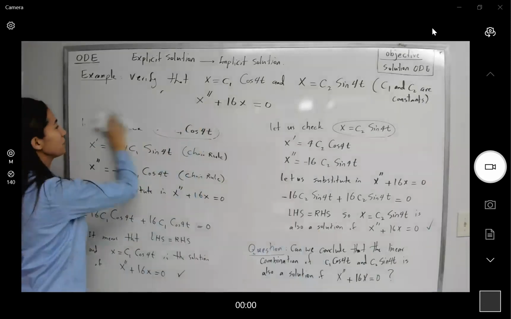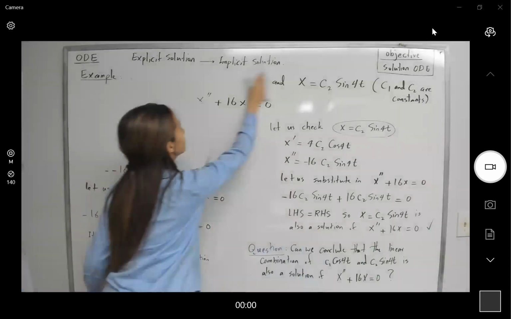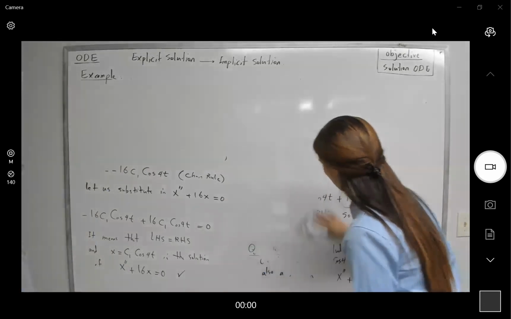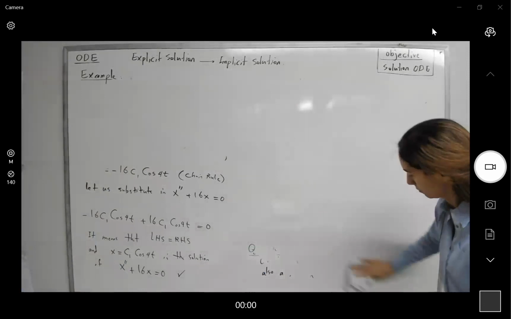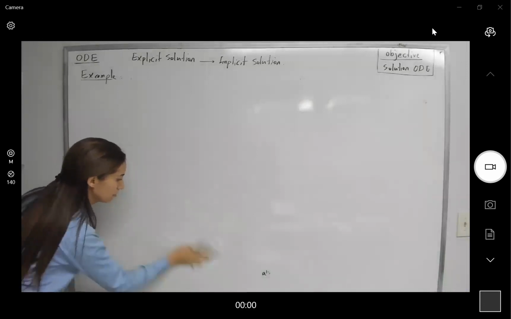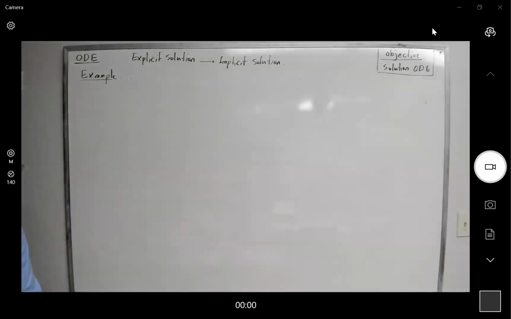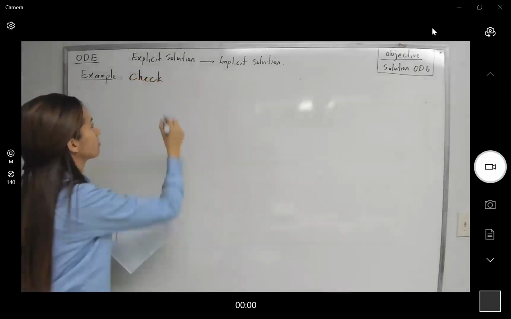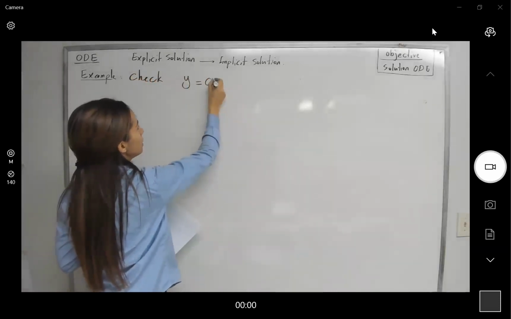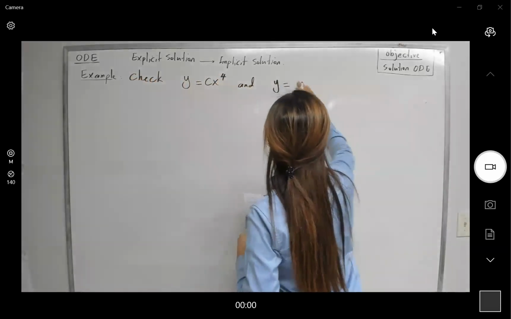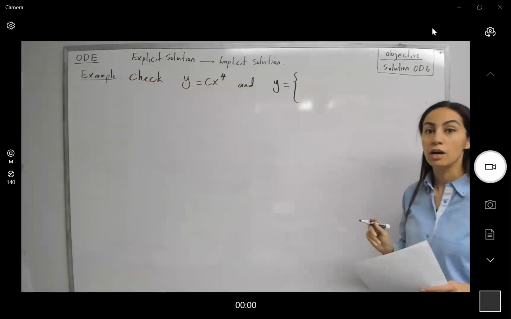Let's go over another example. So in this example, we want to check or verify that y equals c x to the fourth, and also y equals, well, here we're going to define it piecewise.